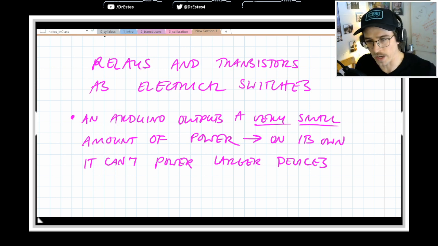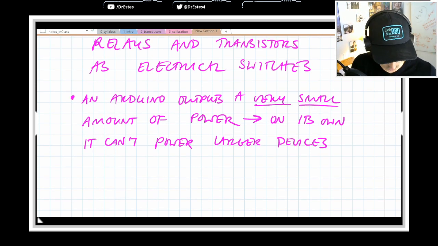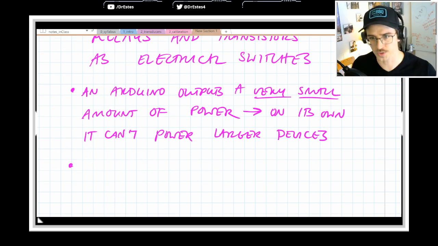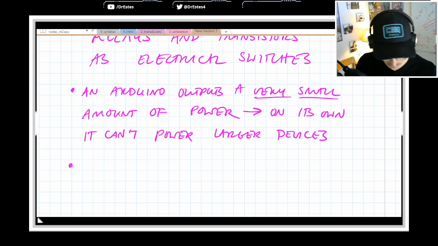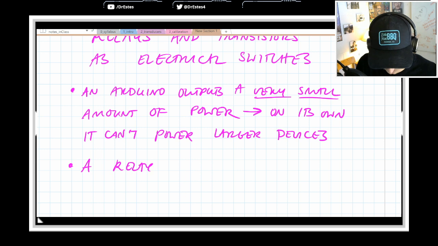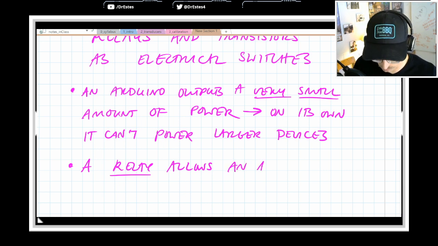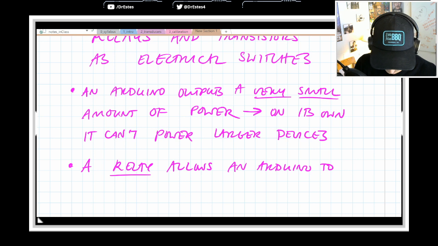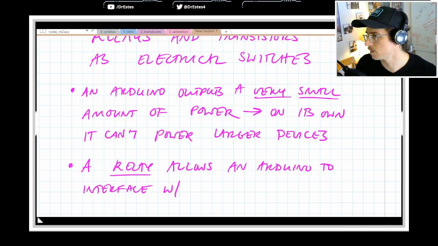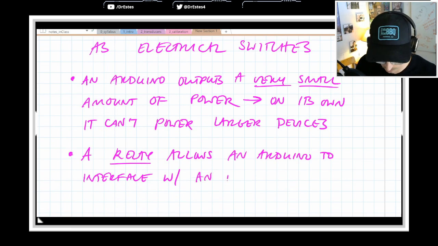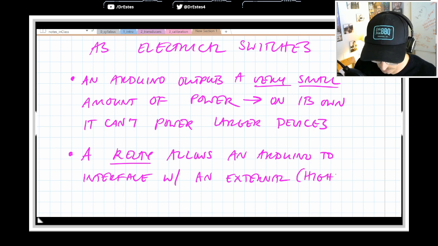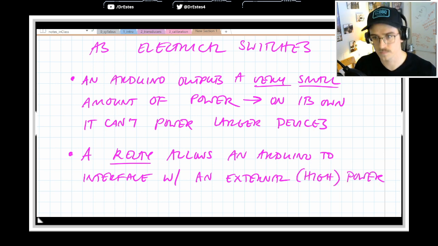So we need a way to control larger motors, etc. A relay is going to allow us to do this. Or a transistor, but we'll start with a relay. A relay allows an Arduino to interface with an external power source. I'll put in parentheses high power.